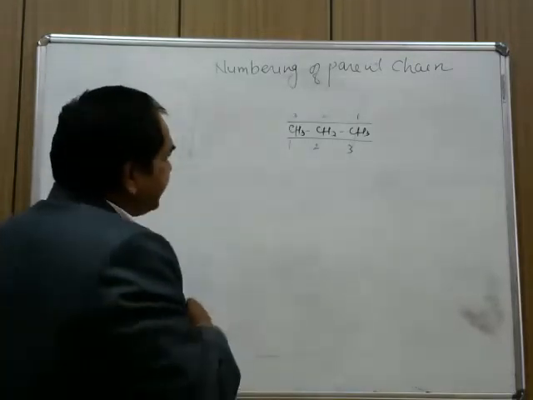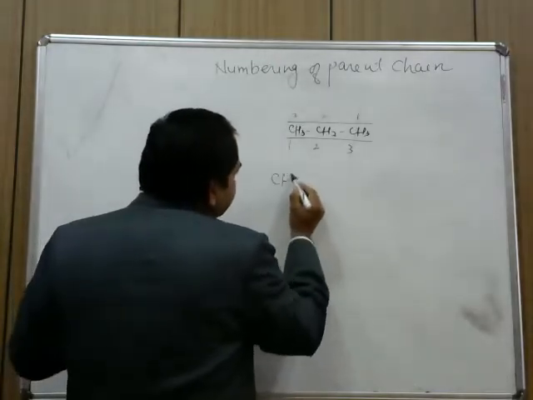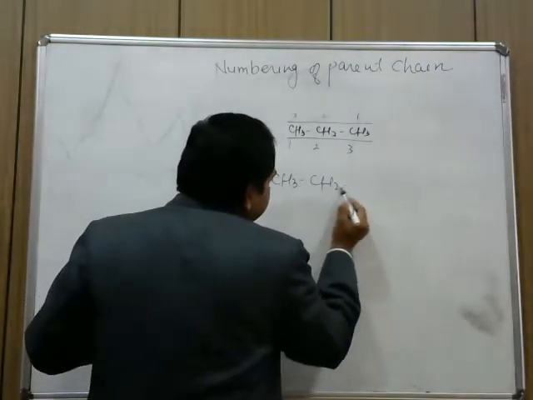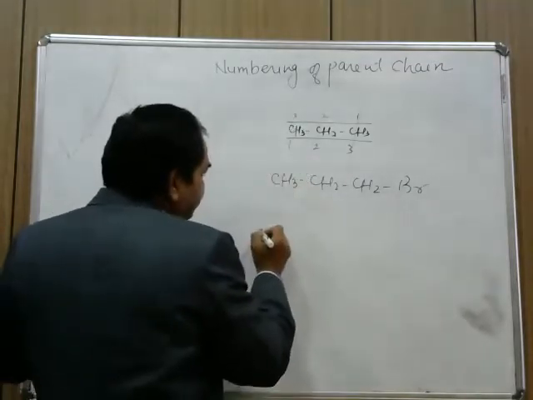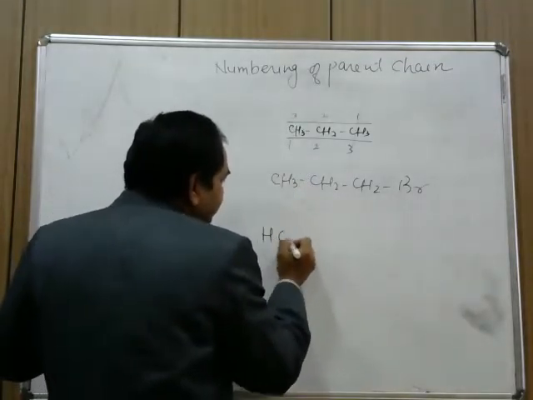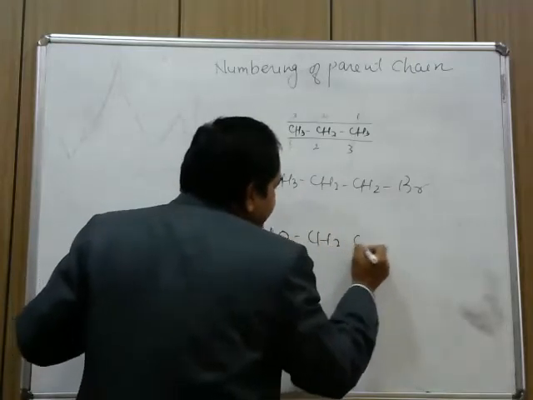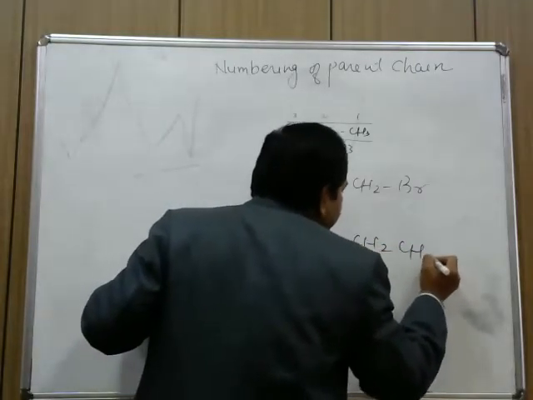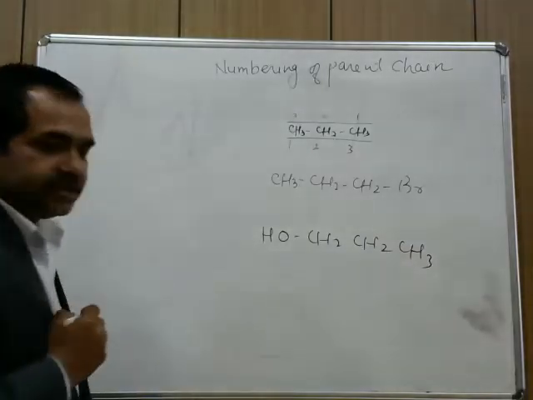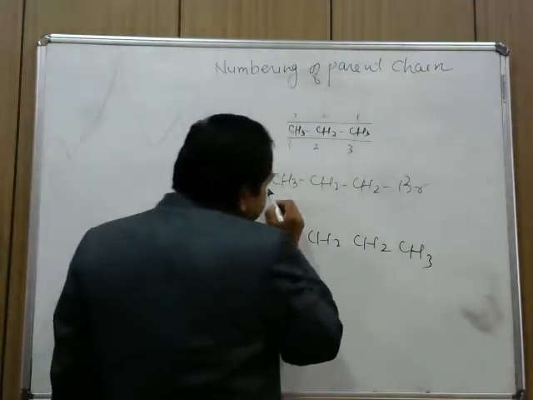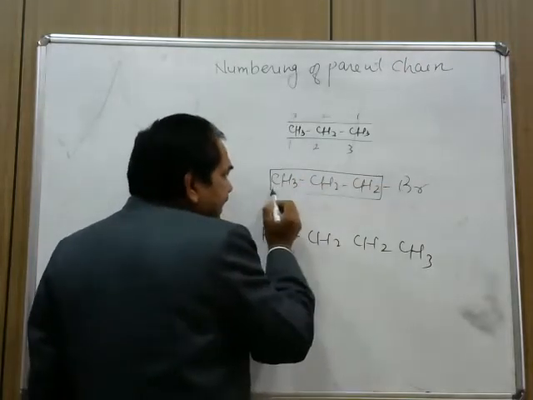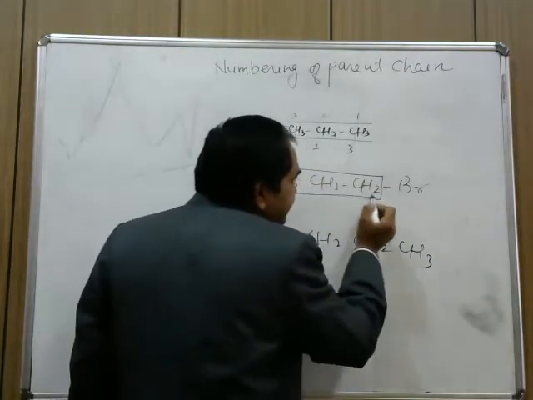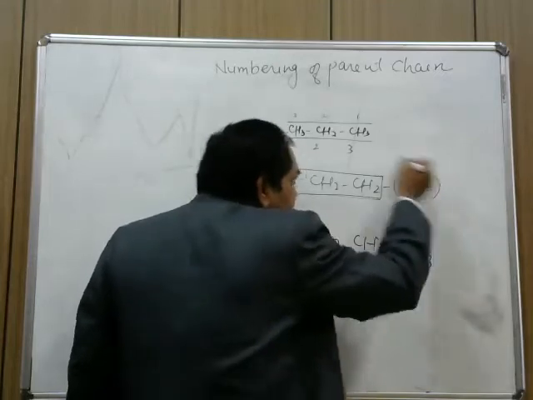Say for example, I have got a compound like this, CH3, CH2, CH2, Br, or I have got a compound like this, OH, CH2, CH2, CH3. So in this case, this is the longest chain or parent chain, and after identifying this parent chain, I see this substituent present.